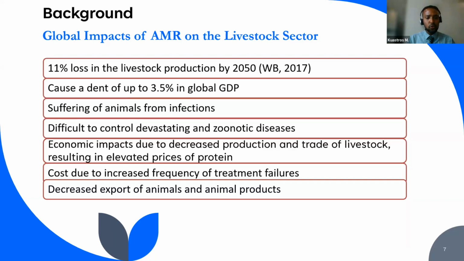And the cost due to increased treatment failure really falls particularly on poor farmers, because the currently available medicines or drugs are running out of use because of AMR, and there is a decrease in the export of animals and animal products, as I said earlier.